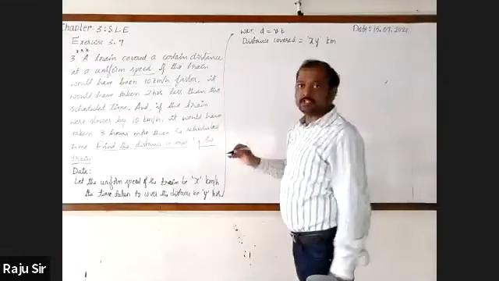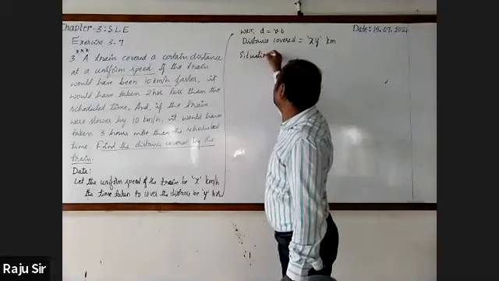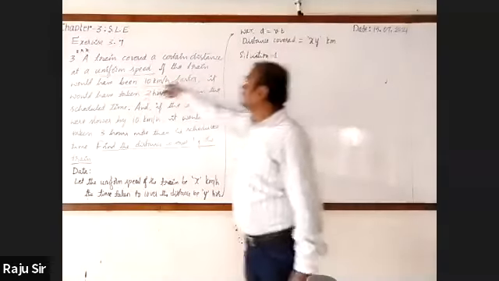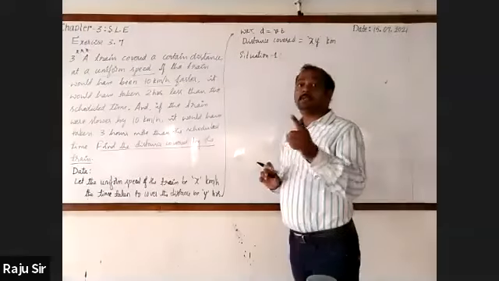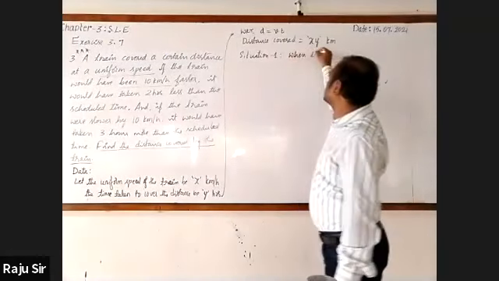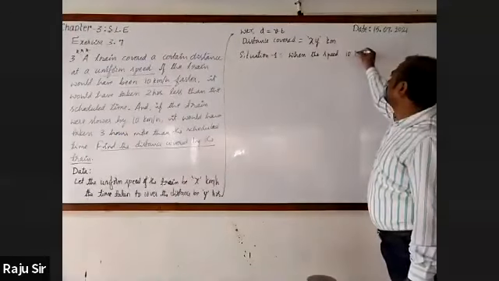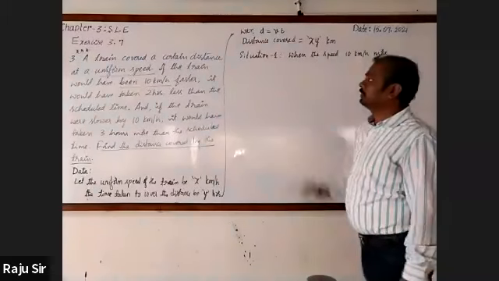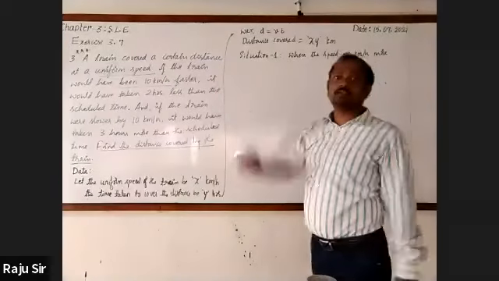There are two situations. Let me go for writing both. Situation 1. In that it has been given that if the train had been 10 kilometer per hour faster, that is, when the speed is 10 kilometer per hour more, then it takes 2 hours less than the scheduled time.